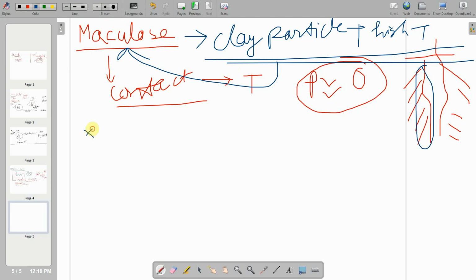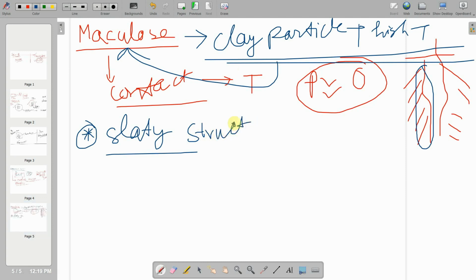Another most important one, you might want to put a star there, is the slatty structure. I'm talking about structure, not texture. Slatty structure is also called slaty cleavage. These structures commonly develop in shales that undergo slight metamorphism.